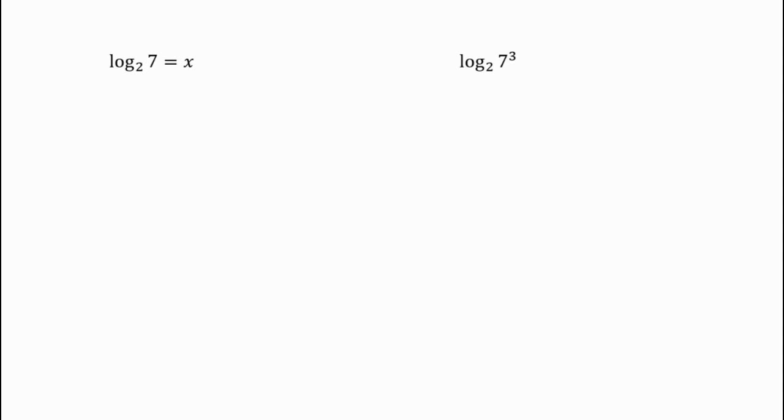So in order to explore this final property, and this final property is probably the most important one that we're going to see, I start with this and I rewrite it in exponential form. So this is 2 to the x equals 7, right? And then I'm going to move over to something else, log base 2 of 7 cubed.